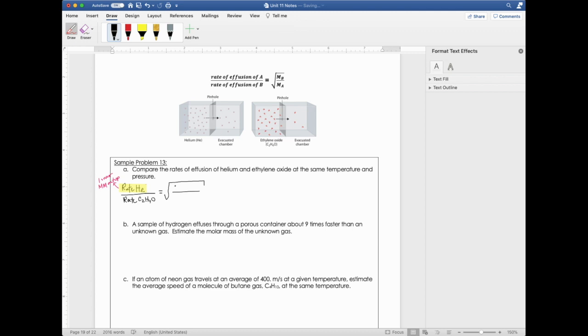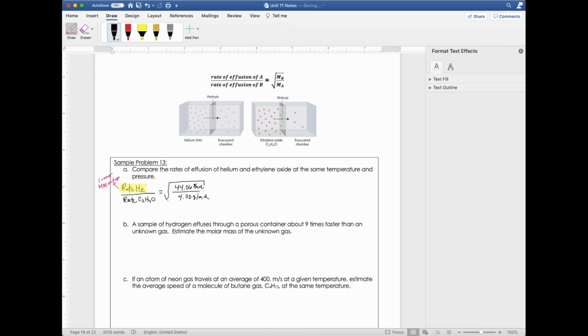The molar mass of ethylene oxide is 44.06 in units of grams per mole, whereas the molar mass of helium goes on the bottom. If you look on a periodic table, you'll see that that is 4. Notice how they're opposite of one another here.